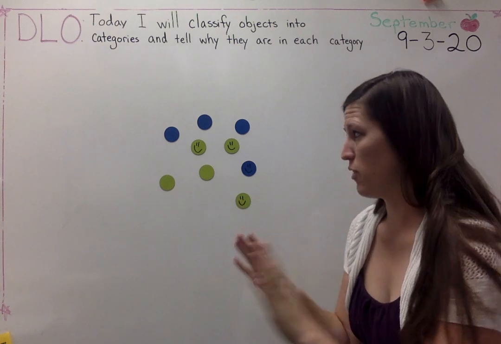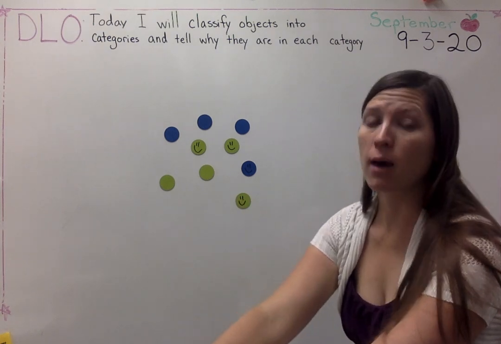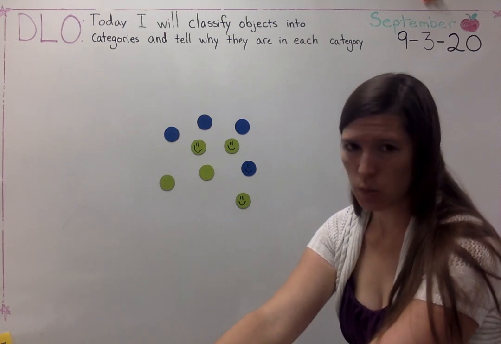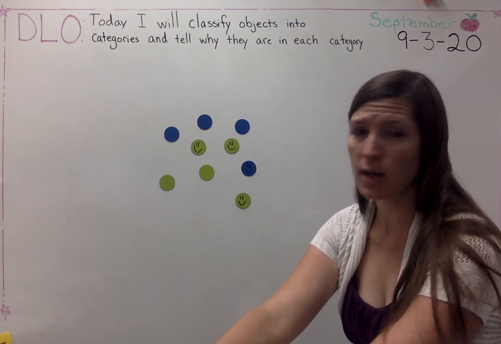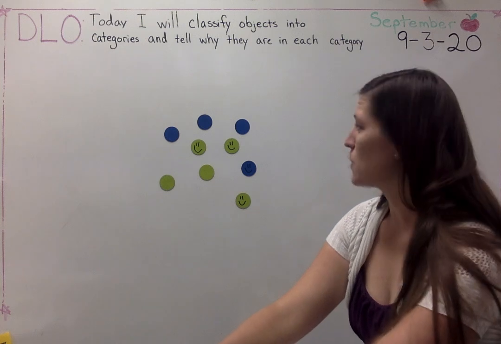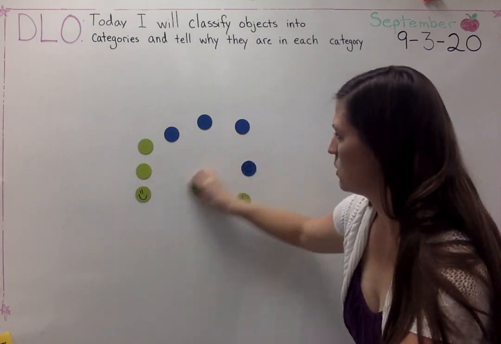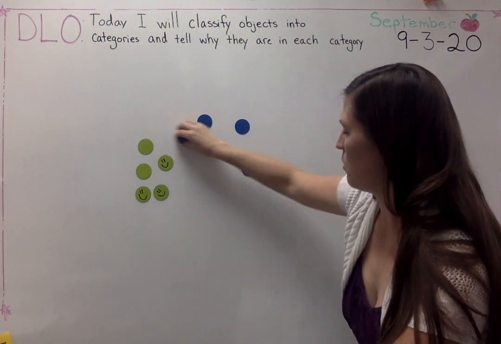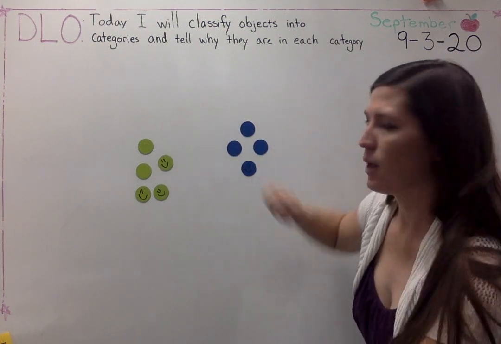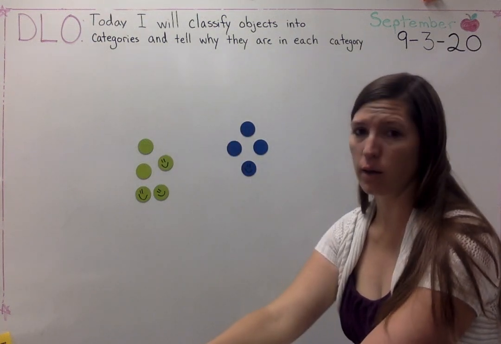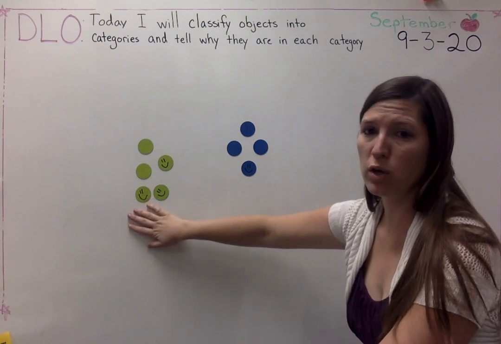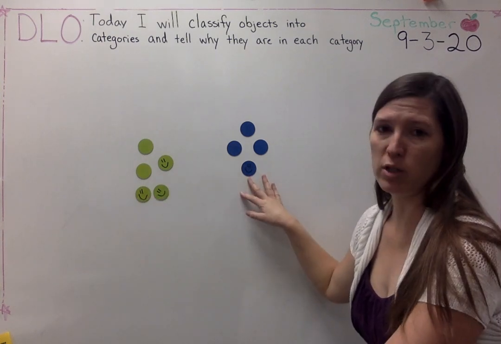I'm going to do it by color. Color is the easiest one, I think, that is easy to recognize. So I'll sort there first. I'll put all my greens on this side and my blues on this side. I classified them by color because all my group over here is green, all my group over here is blue.